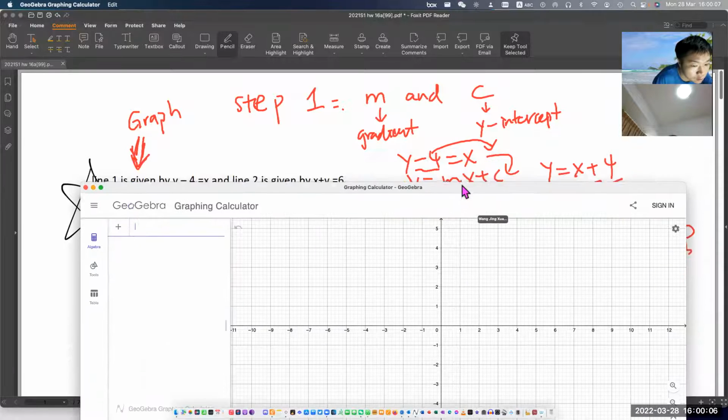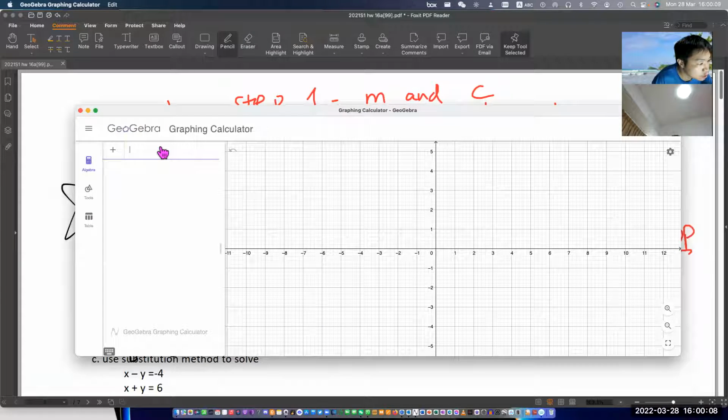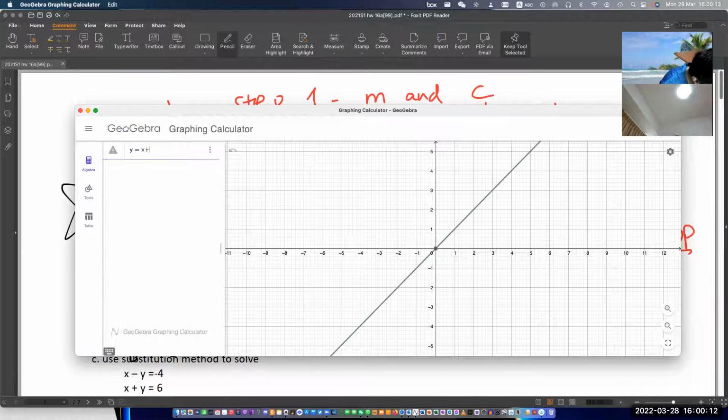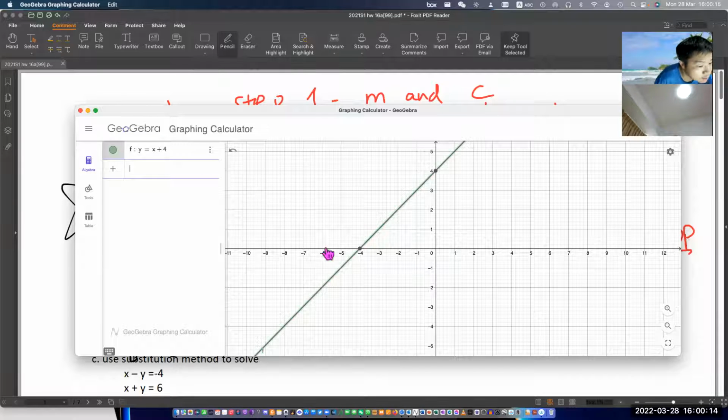So what you need to do is just key in y equals x plus 4 and then enter, and then this is the line already. So this is your line 1 already. So with the GeoGebra app, you can quickly get line 1 out by keying the equation into this app.